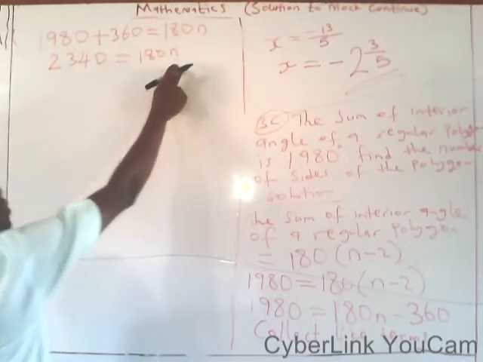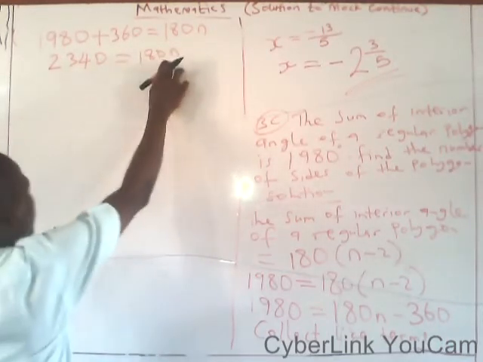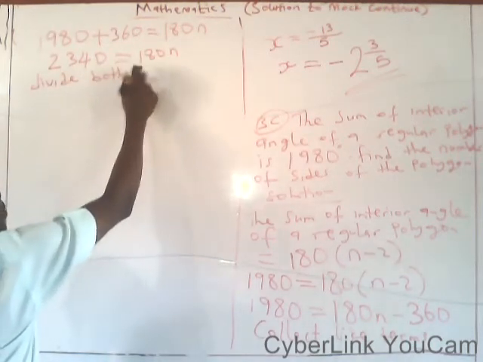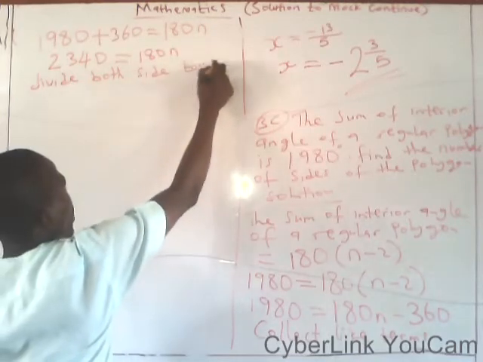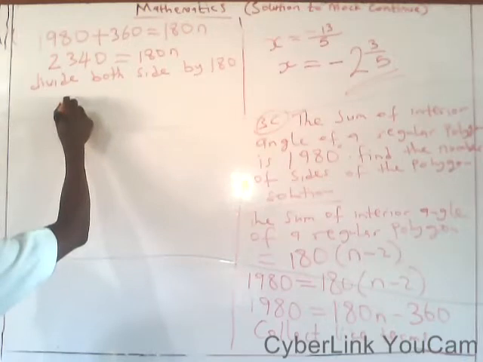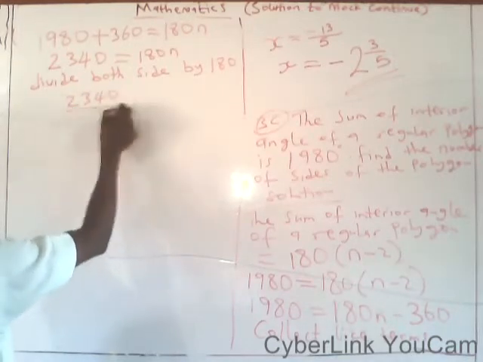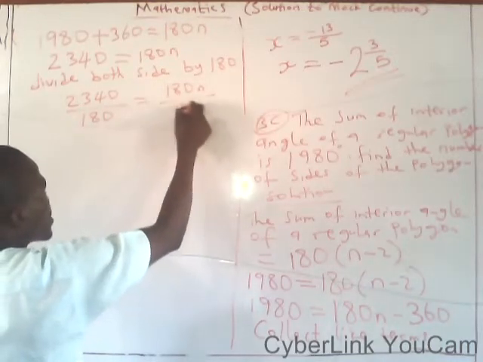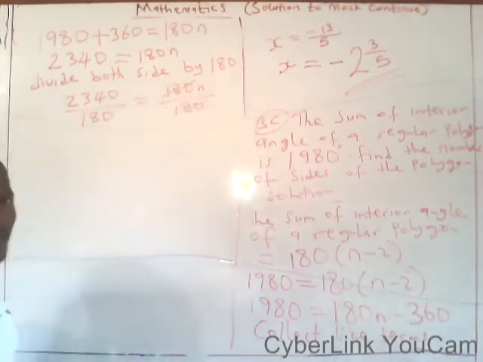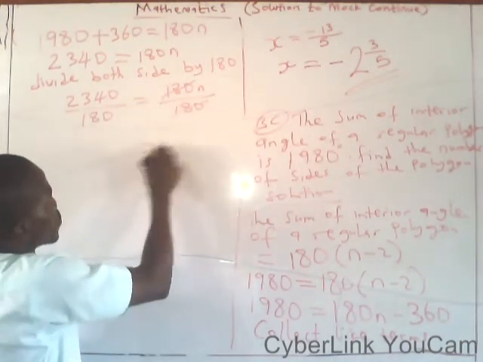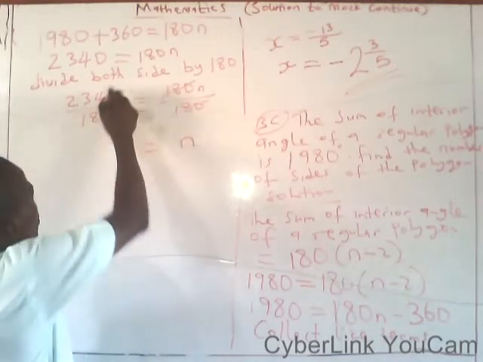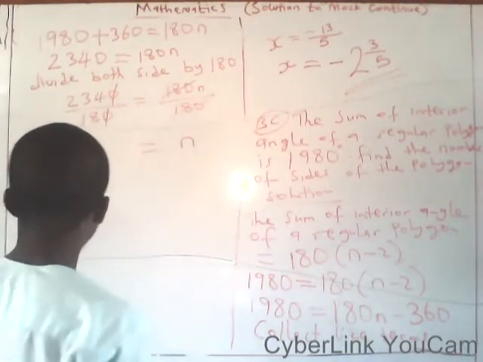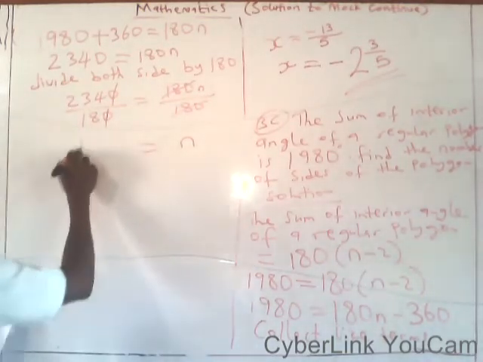We are looking for n. What are we going to do to get our value of n? You are going to divide both sides by 180. In that case, we have 2340 all over 180 is equal to 180n all over 180. We cancel 180, and here we are left with n. The 0 we cancel with 0 here. 18 in 234 is going to give us 13.